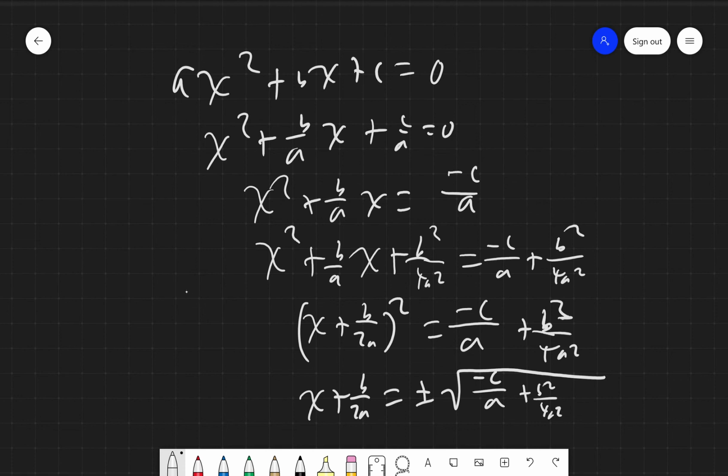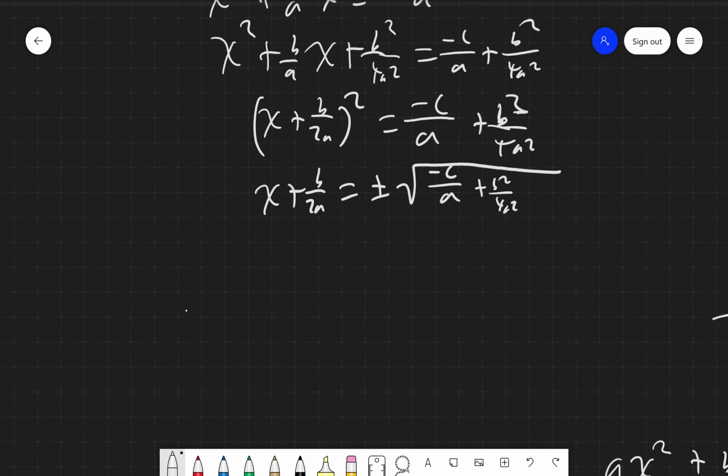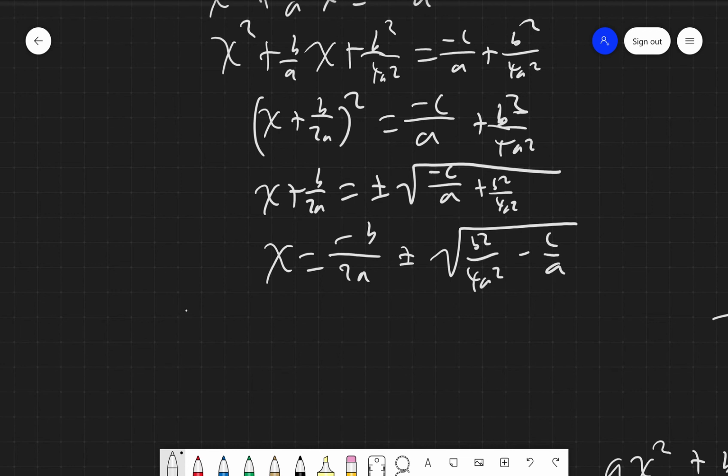If it loads, I'd be very happy because we're about to solve it. We subtract b over 2a to get x equals negative b over 2a plus or minus the square root of b squared over 4a squared minus c over a.